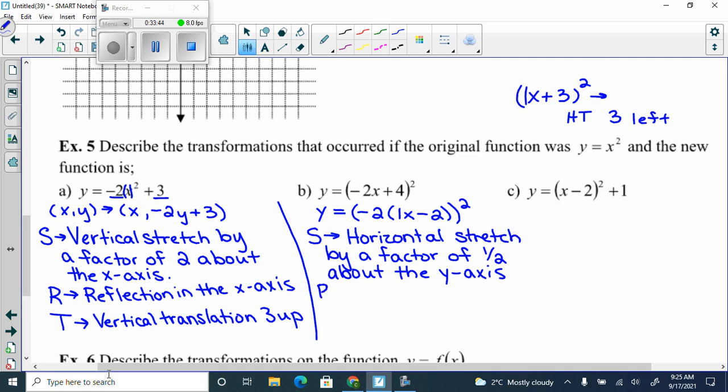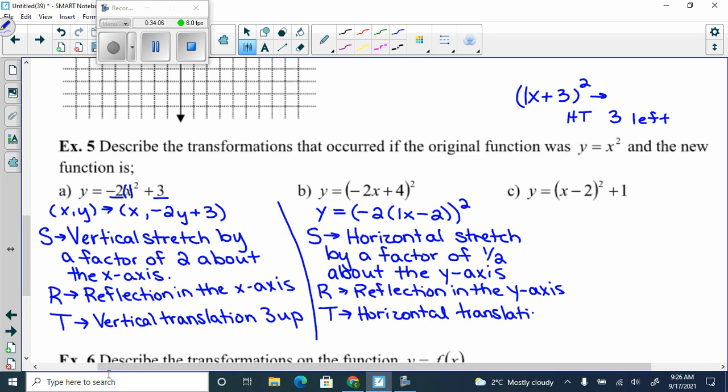There's a negative, so there's a reflection in the y-axis. And there's a horizontal translation 2 to the right. Do you see how it gets much more complicated when we have way more things?